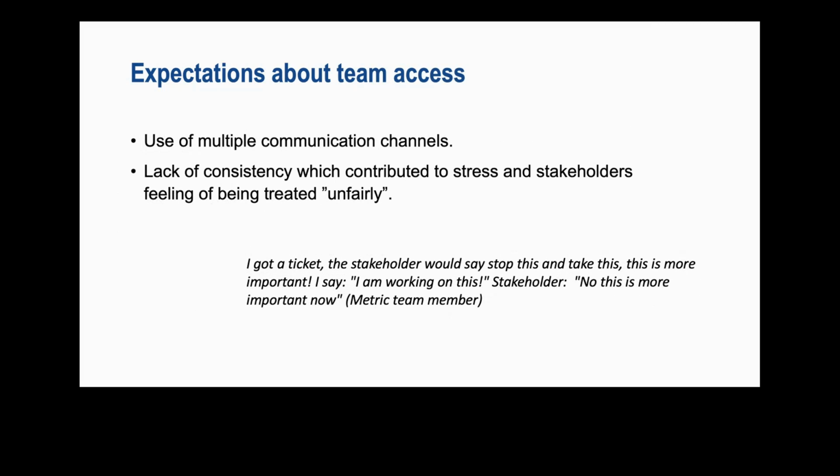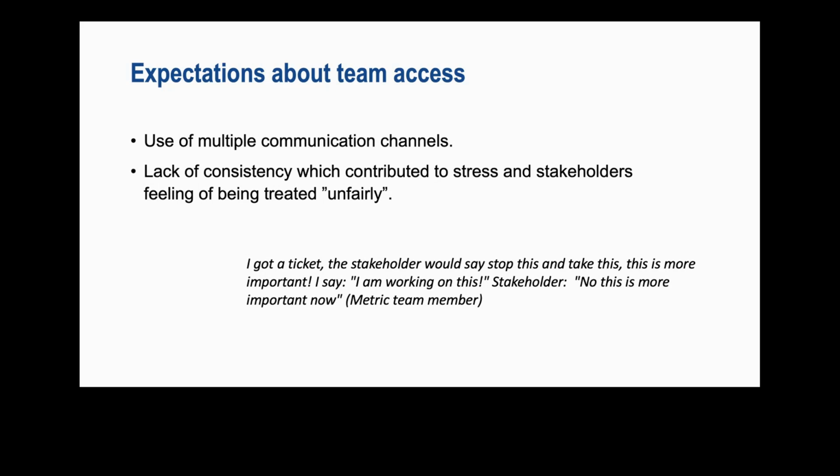And finally, expectations about team access. We all today use multiple communication channels. Metrics team members said that basically stakeholders use all different ways of accessing the team. It's email, telephone calls and all other things.